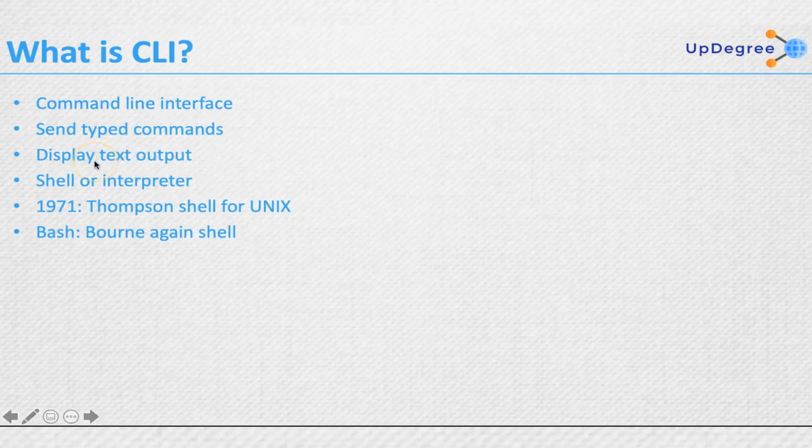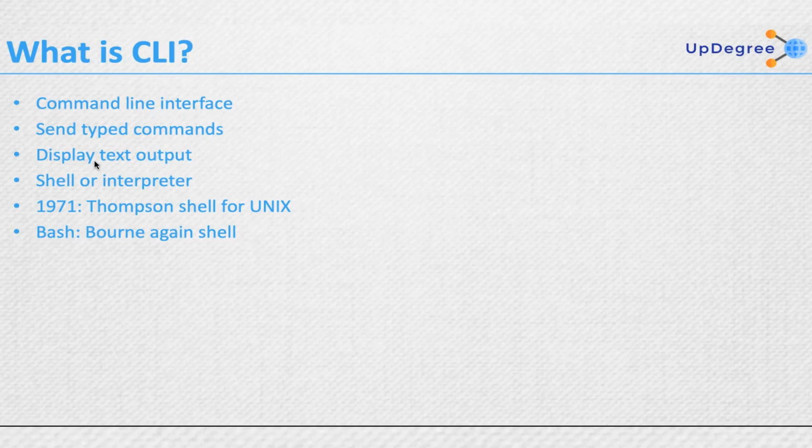This is a shell, or an interpreter, right? Unix was first used with the Thompson shell in 1971, and the most common shell type we have is called bash, which is the Bourne Again shell. This is everywhere when you go and write shell programming; bash is the one that you're going to use. However, there are others as well.